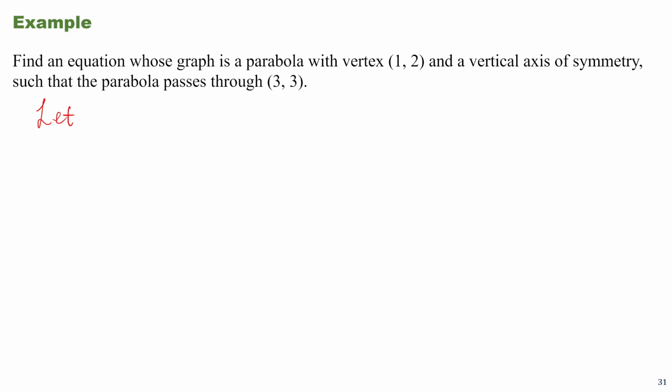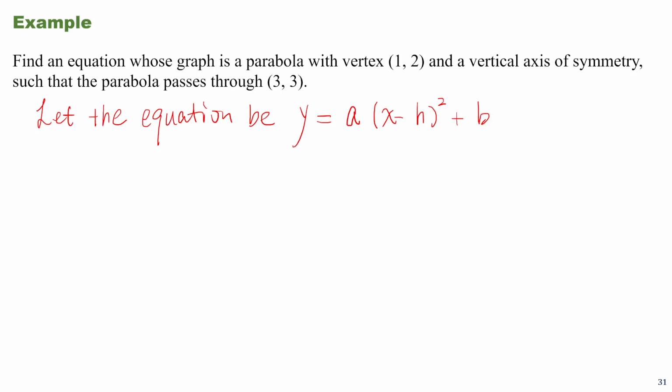So we could let the equation be y equals, what is the vertex form? Vertex form of a quadratic function is y equals a times (x minus h) squared plus k.